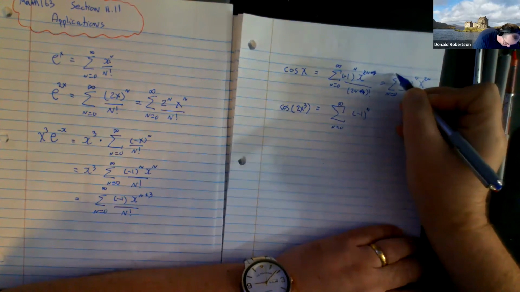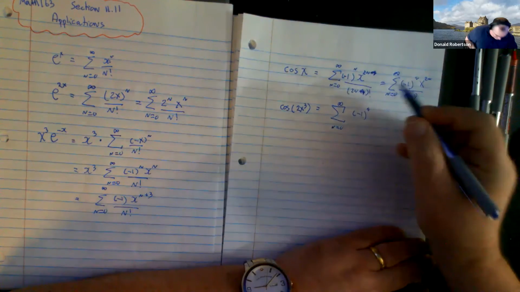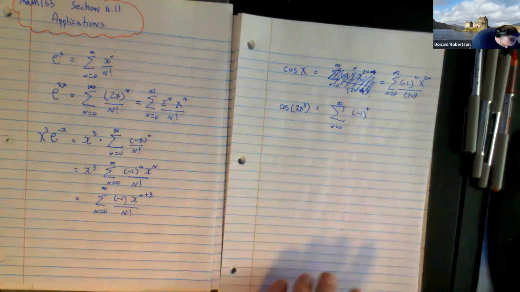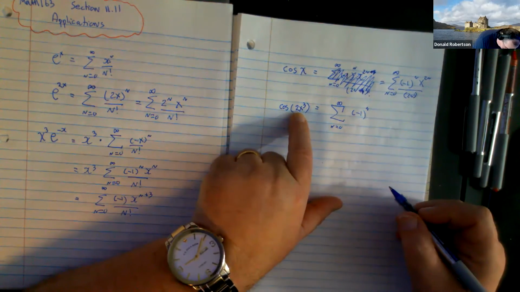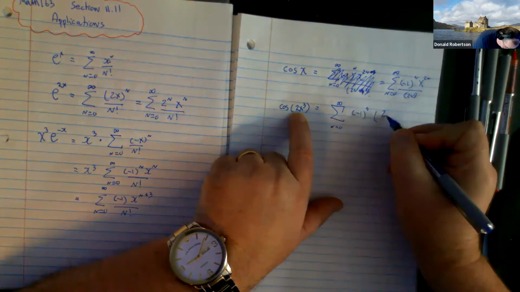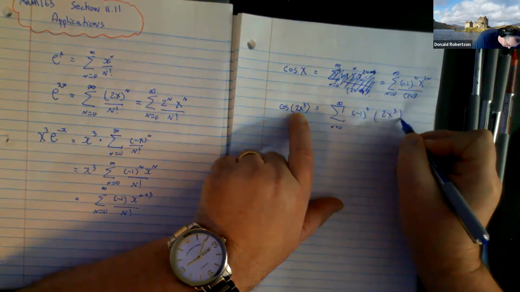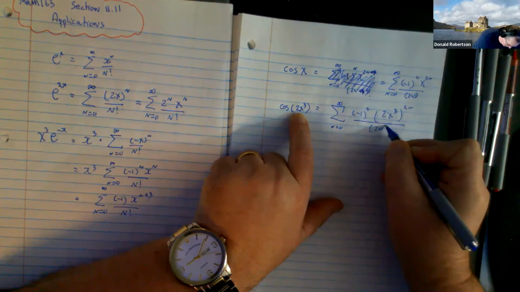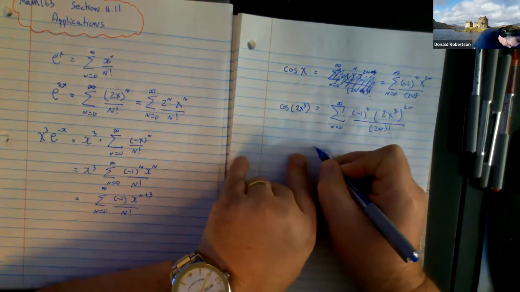There we go. There's your power series. If you want the power series for cosine of 2x cubed, you replace the x by 2x cubed. And then you do some style points on it.